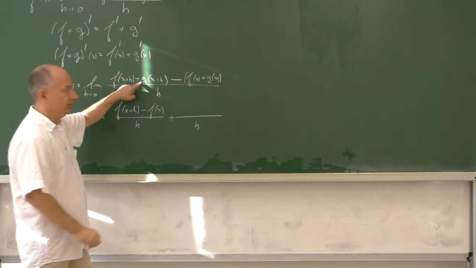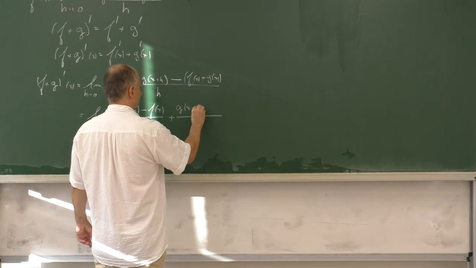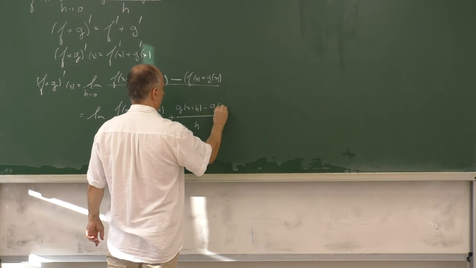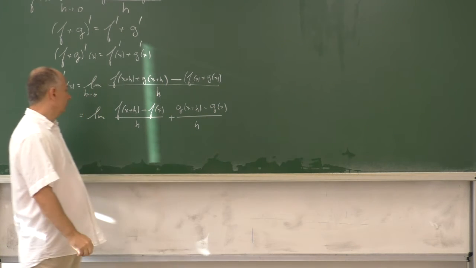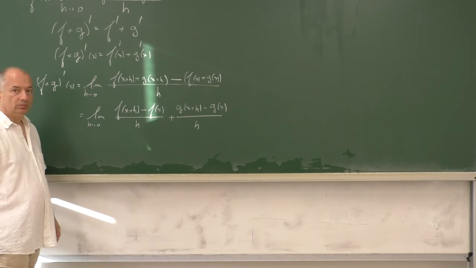The second term, g at x plus h, minus the very last term, g at x, for h going to 0.